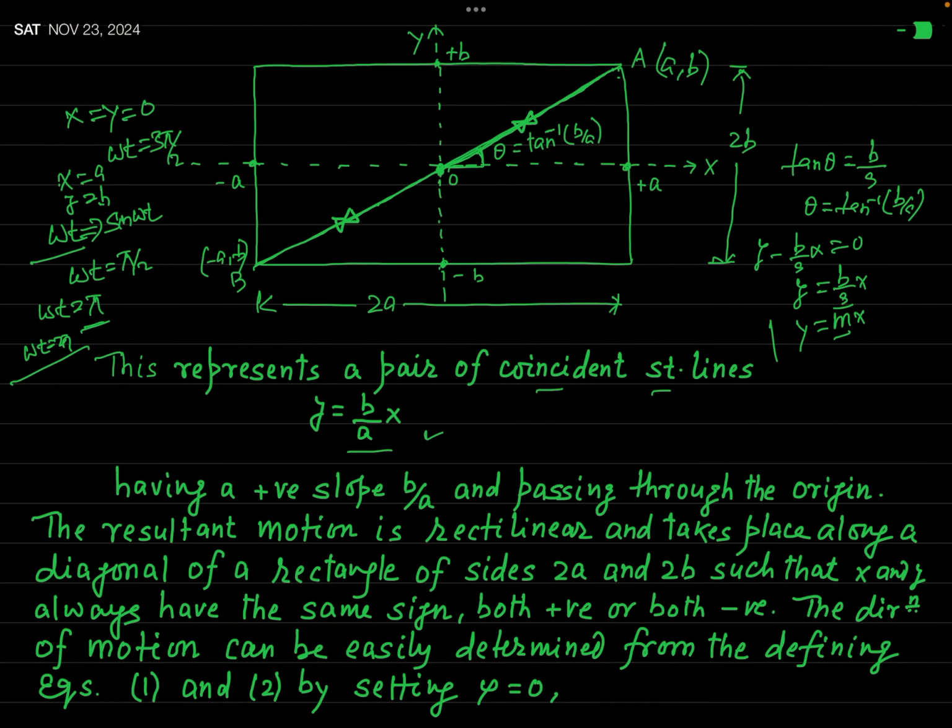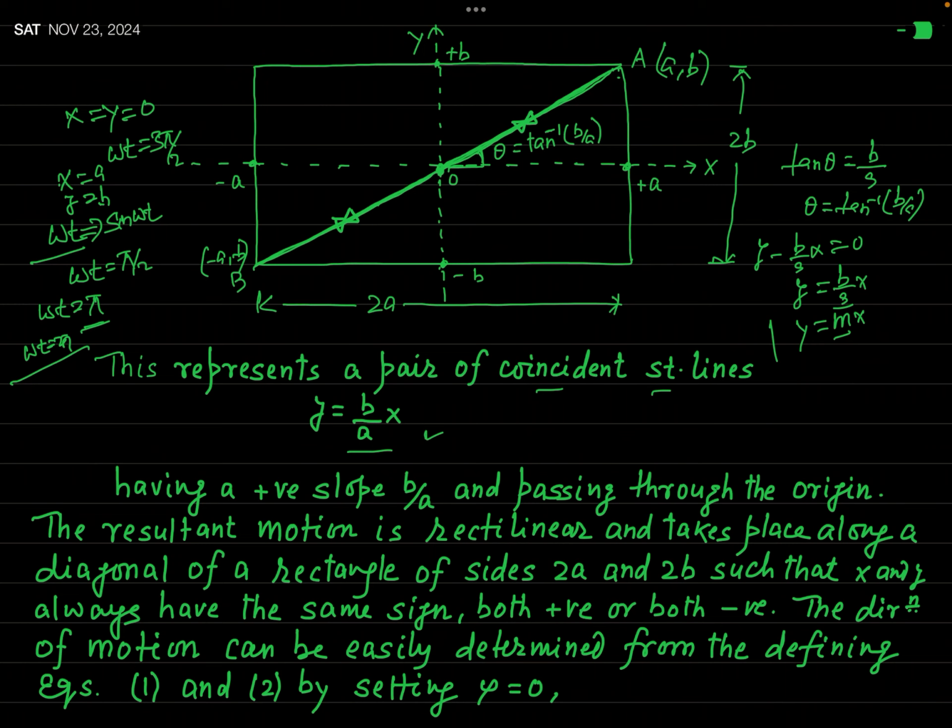The particle moves from O to A, A to O, and after that O to B and B to O. So in this way, the particle retraces this straight line AOB. Okay? The particle retraces this straight line. So in this condition, the Lissajous figure is just a straight line.